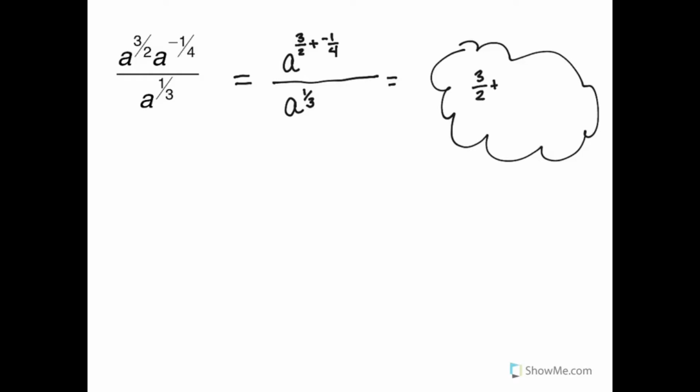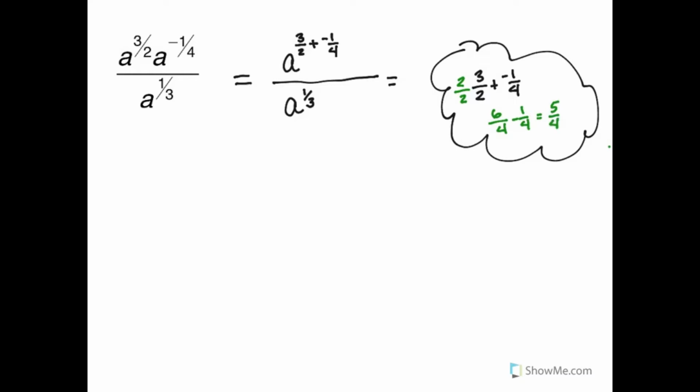3/2 plus negative 1/4 has a common denominator of 4. So I'm going to multiply the 3/2 by 2 over 2 to get a denominator of 4. That's going to give me 6/4 minus 1/4, or 5/4.